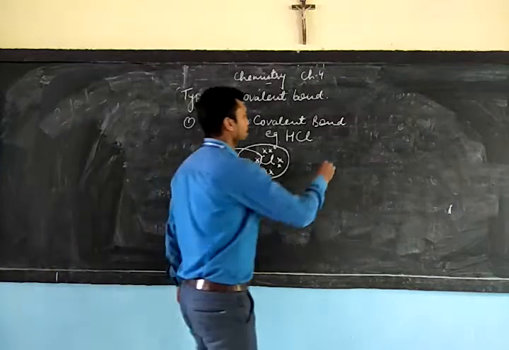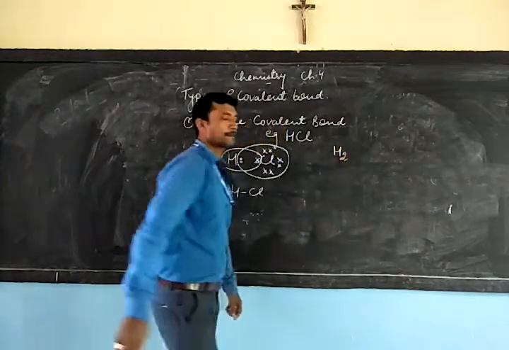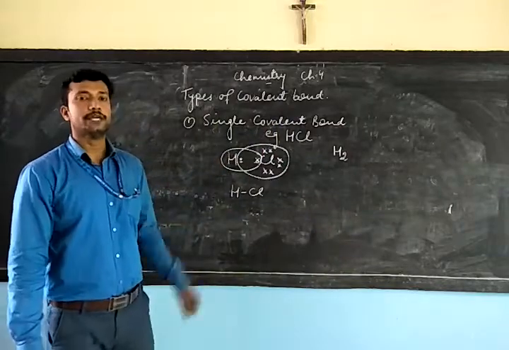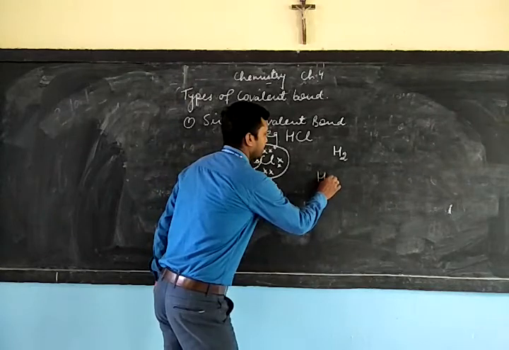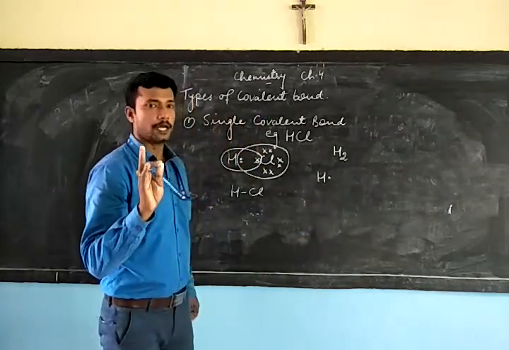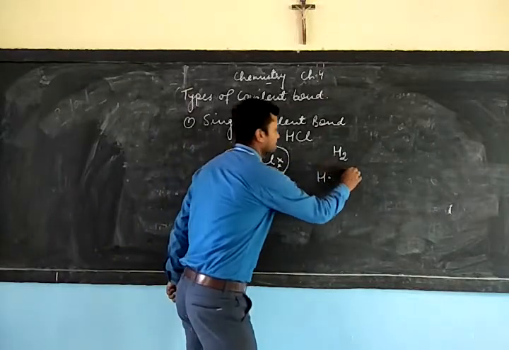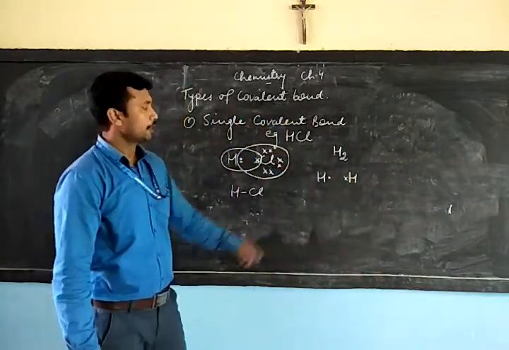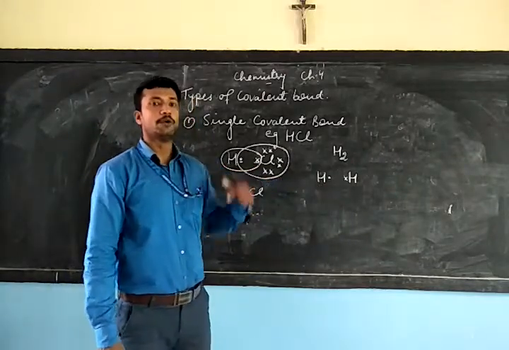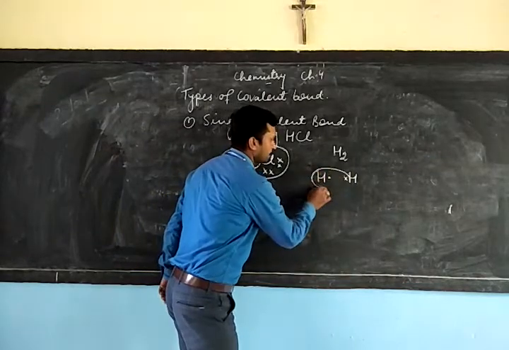Let us see one more, hydrogen H2. There are 2 hydrogen atoms. As you know, each hydrogen atom has 1 electron in the last orbit, which is the valence electron. So we require 2 hydrogen atoms. Now this hydrogen atom requires 1 more electron to become stable, which will be taken from the other hydrogen atom.